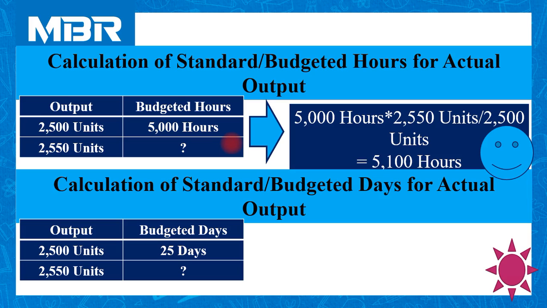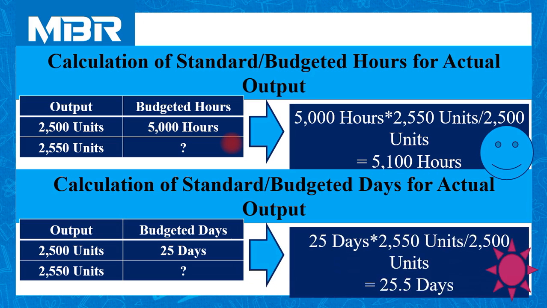When output was 2500 units, at that time we expected to work for 25 days. Actually, we have produced 2550 units. So, how many days are required to produce? Similarly, you can apply cross multiplication and the answer is 25.5 days.